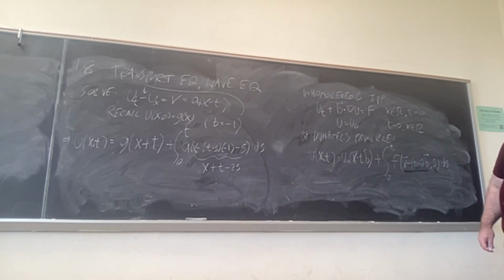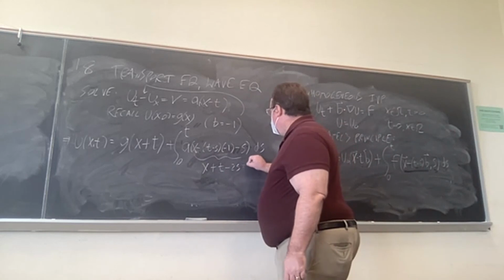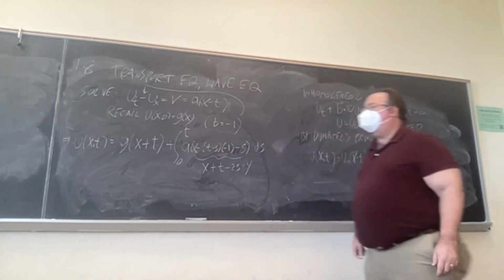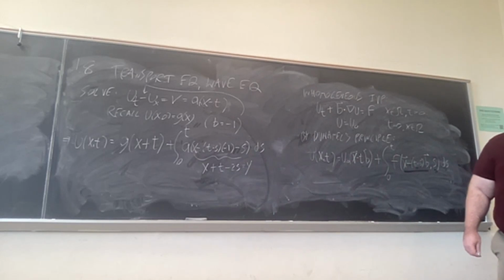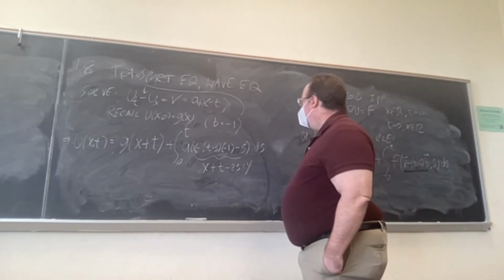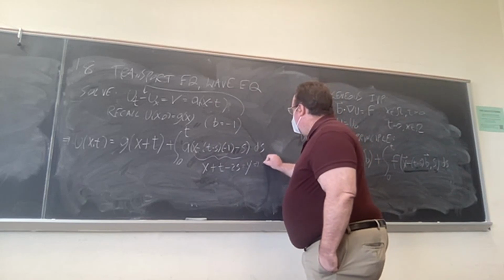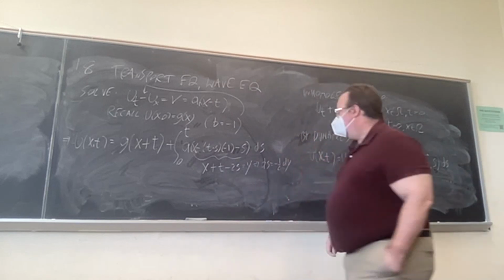Okay. Now, this whole argument I'm going to call y. So I'm making a y substitution. Okay. So then ds is equal to minus 1/2 dy.